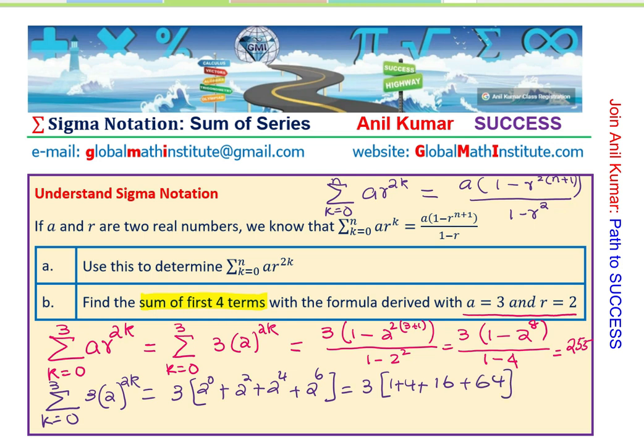When you add this up and multiply by 3, what you get is 255. So you can clearly see that the formula works.